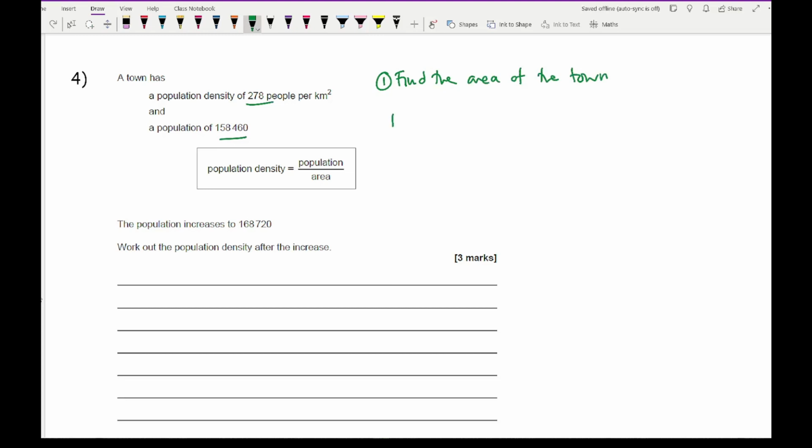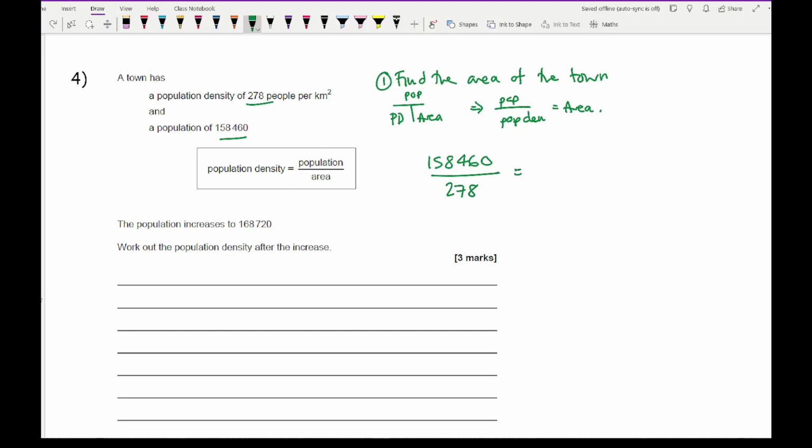So I know PD, and we've got our little triangle here, we've got area. To work out the area, it's going to be the population divided by the population density, and that equals the area. So from this, what we've got is 158,460 divided by 278.